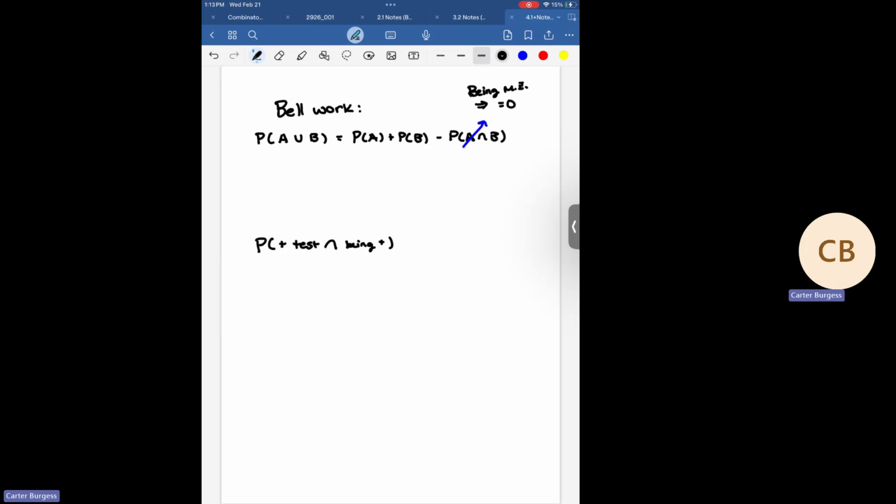And then the formula from yesterday, this was the probability of A and B. What was this? What do I do when I'm looking at taking the intersection between two probabilities?